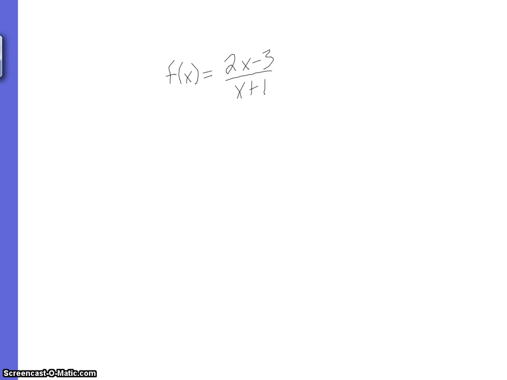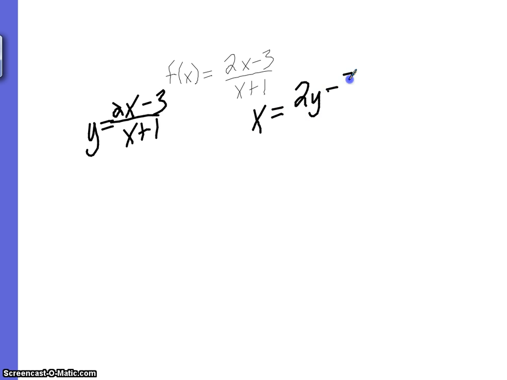Our next equation, this one we have 2 x's in it, which means when we set up our inverse, we're starting off with y is equal to 2x minus 3 over x plus 1. So when we find our inverse, now we have x is equal to 2y minus 3 over y plus 1.